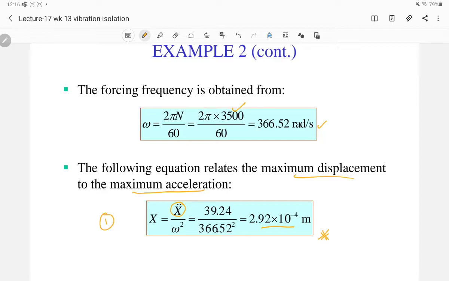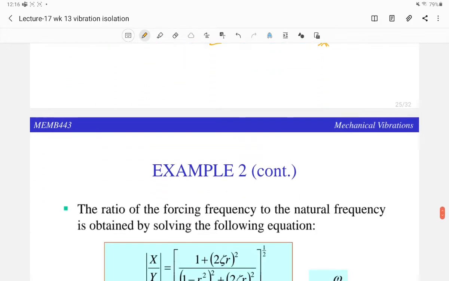If you remember, the relationship of x double dot equals omega square capital X, the relationship between acceleration and displacement. So you're done with the first question.